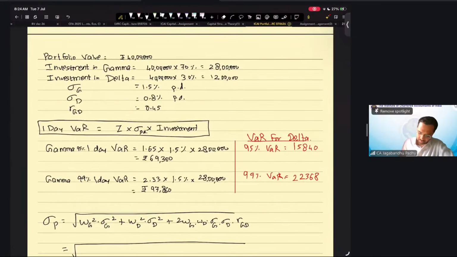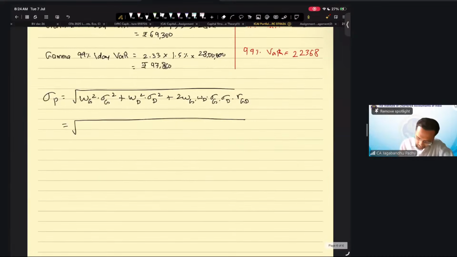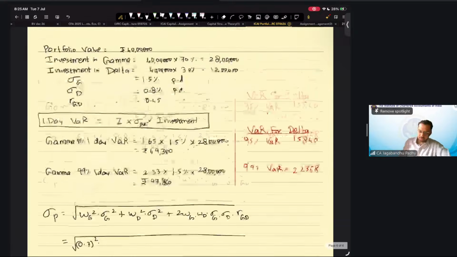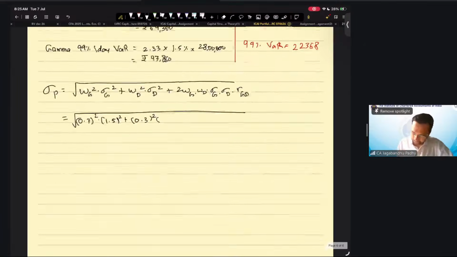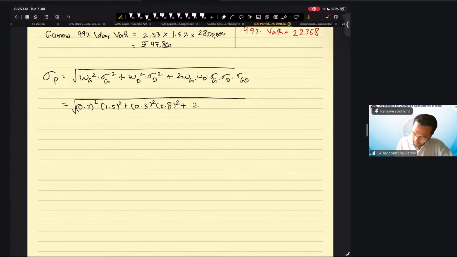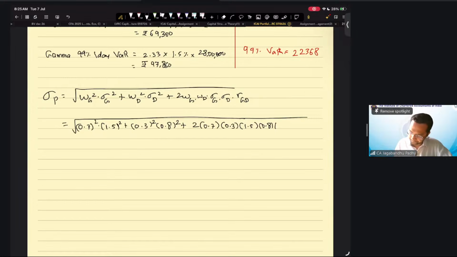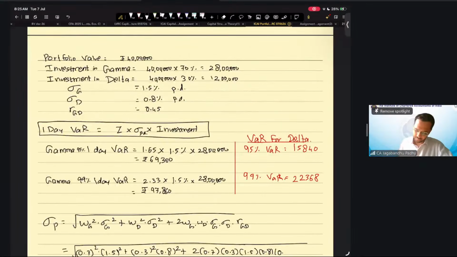Weight of gamma is 0.7, 0.7 square into standard deviation of gamma, 1.5%, 1.5 square, plus 0.3 square into 0.8 square, plus 2 into 0.7 into 0.3 into 1.5 into 0.8 into correlation, which is 0.45.